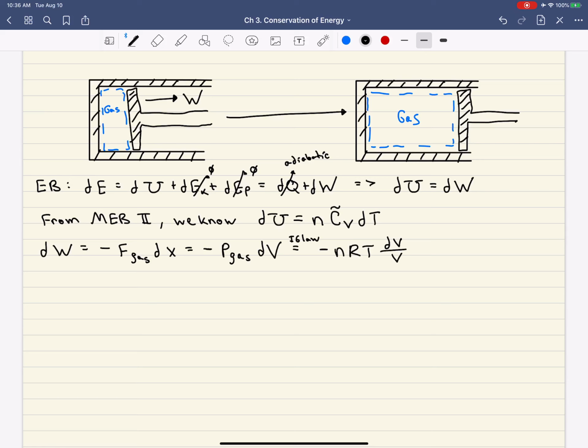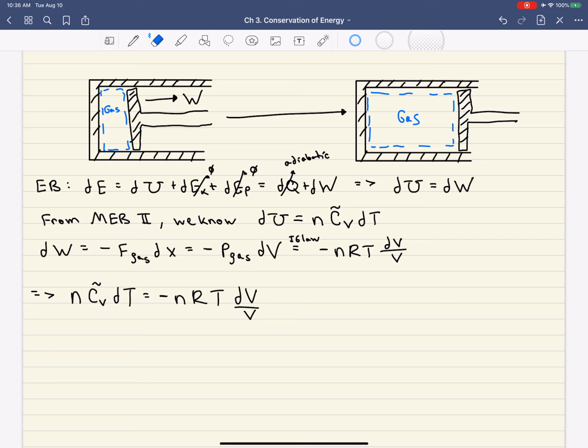And so if we go back to our energy balance, for the dU term, we have N, CV, the constant volume heat capacity, times the derivative of temperature. And that's going to be equal to negative NRT dV over volume.